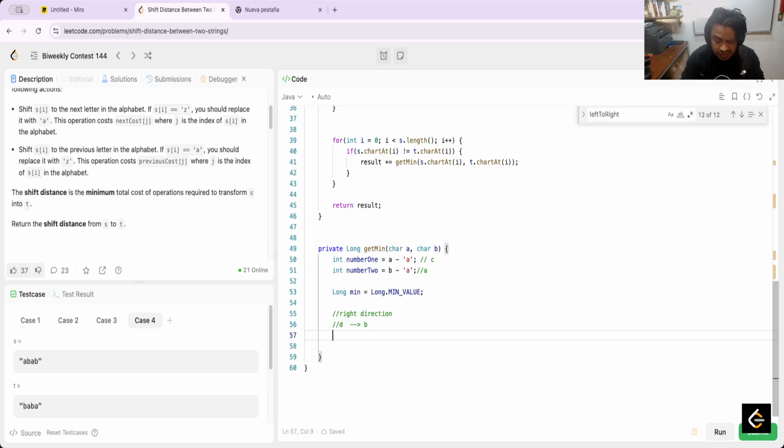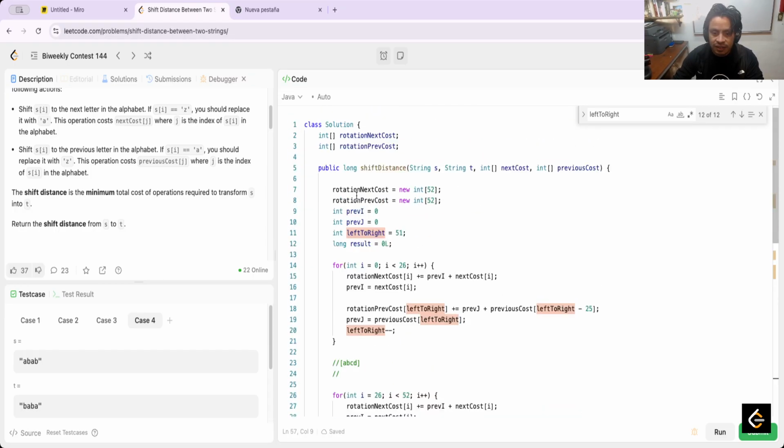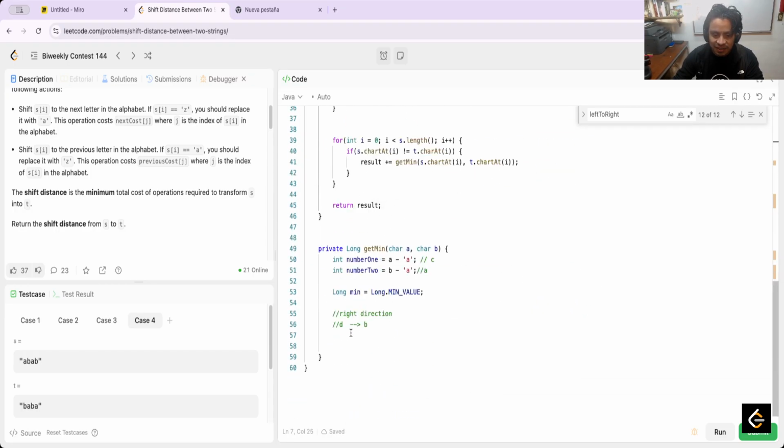In this case is integer, no, rotation is rotation next cost, in the position, first is discover this case. No, first is when I want to move A to B.